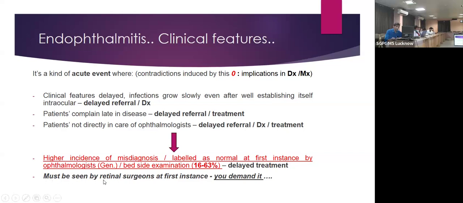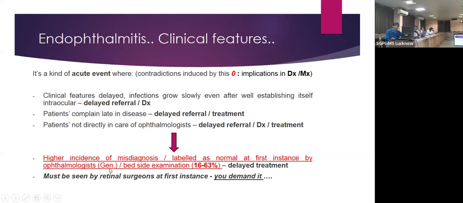And as a hematologist, as a physician, you must demand that the patient be seen by the retinal surgeons at the first instance, not by the general ophthalmologist, because of the delayed diagnosis or misdiagnosis.